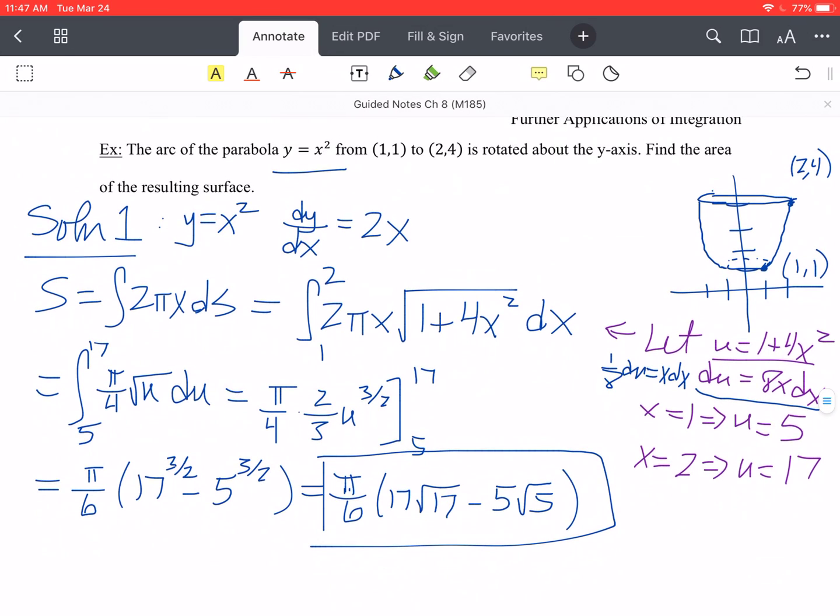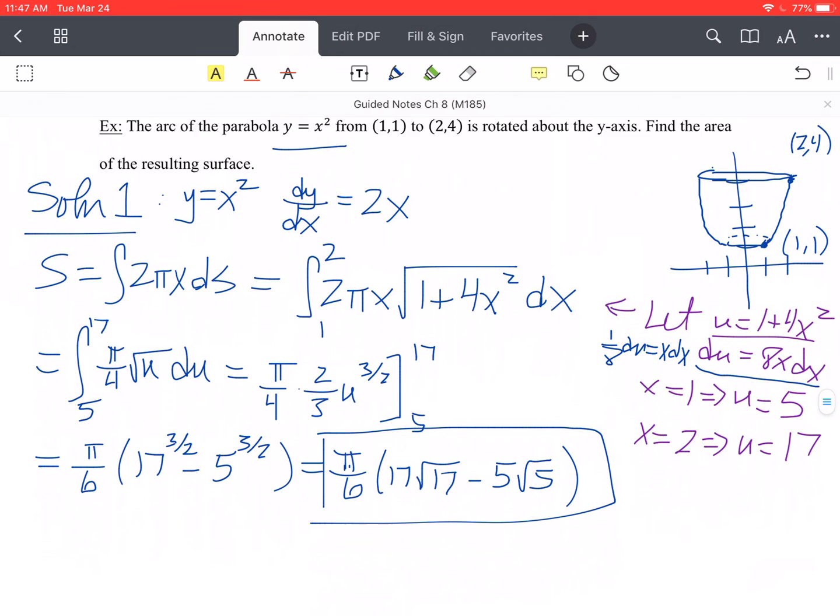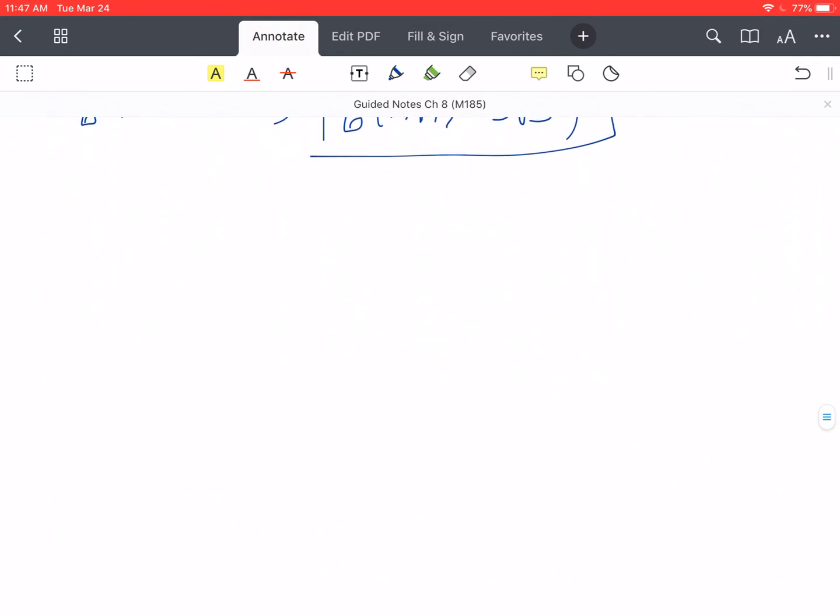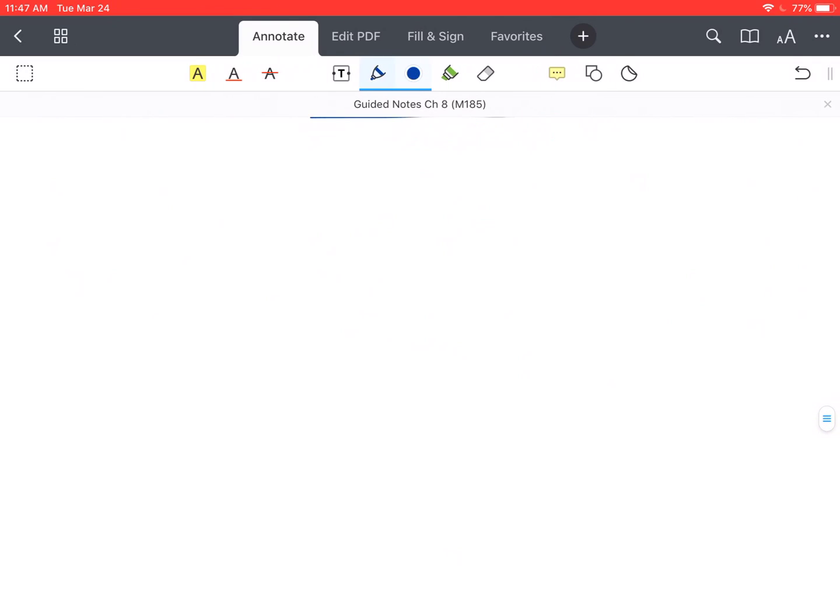Okay, so that would be probably the traditional way we'd think of doing it, right? y is a function of x. So now let's just look at solution 2. So we're just going to do this one more time. This time in terms of y. So if y equals x squared, that means x is the square root of y.